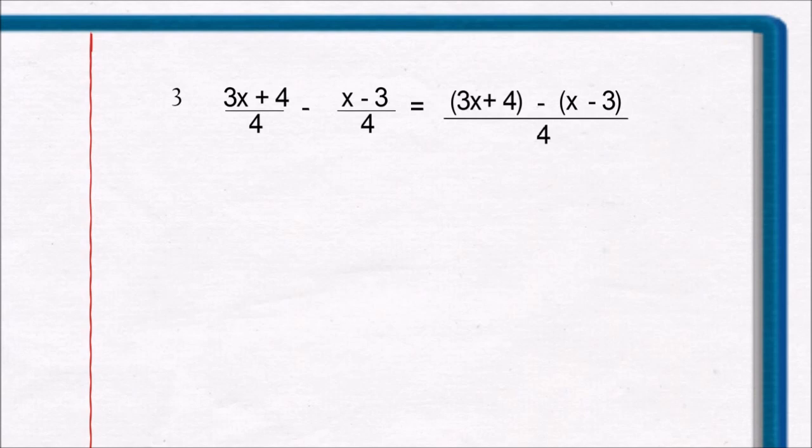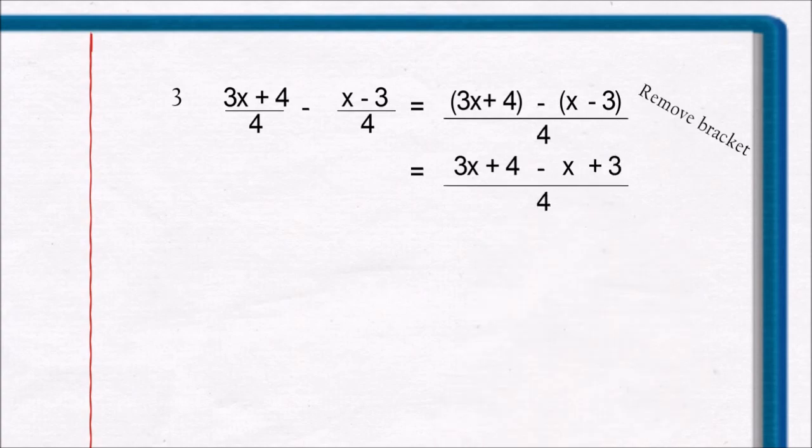Then we go ahead to remove the brackets. Now please take note of the negative sign before the bracket in the second part. If we remove the bracket on the first part, we have 3x plus 4. And when we're removing the bracket on the second part, minus multiplied by x, we have minus x, and minus multiplied by minus, we have plus 3, all over 4.